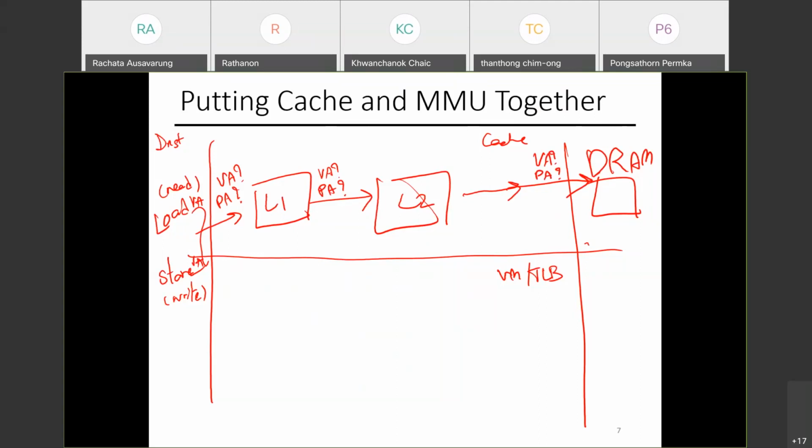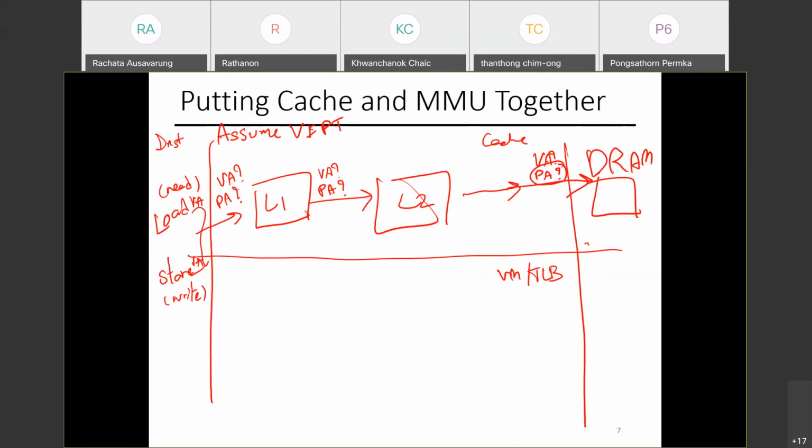So right now let's assume VIPT, virtually indexed, physically tagged. This is a physical address because you need to go to DRAM. Any questions about this? What about the first part, the one going into L1?